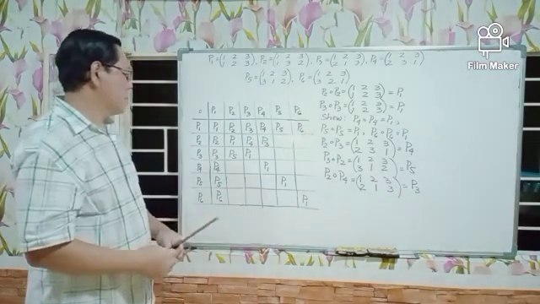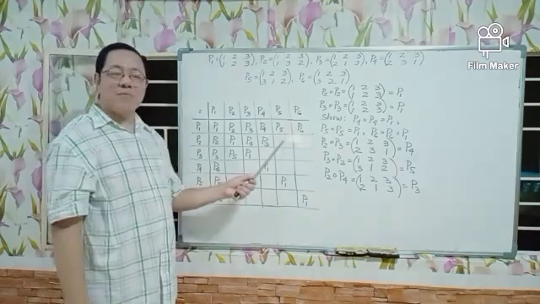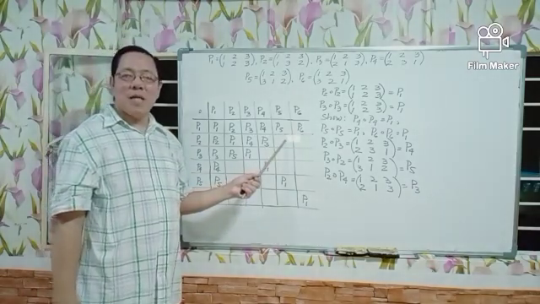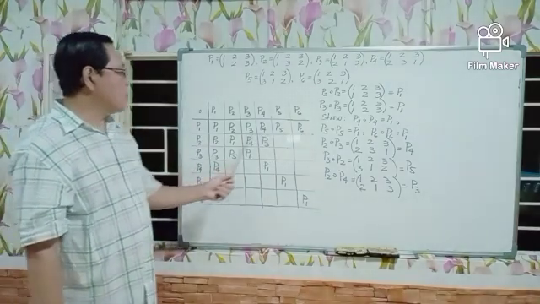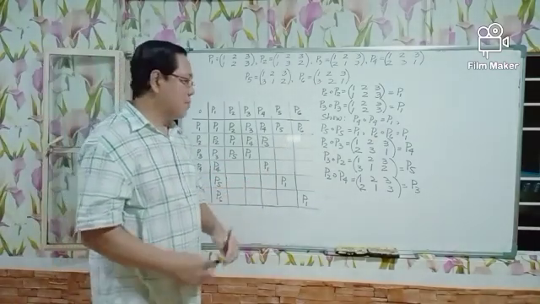Next, we find the entry in this cell. The entry in this cell is equal to the composition of P2 and P5.